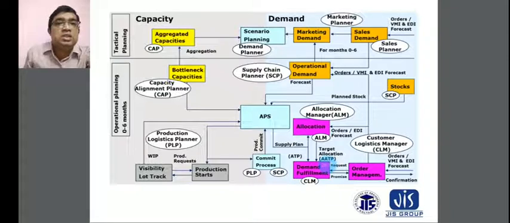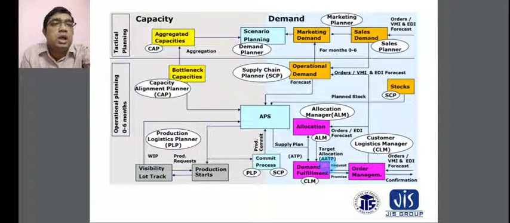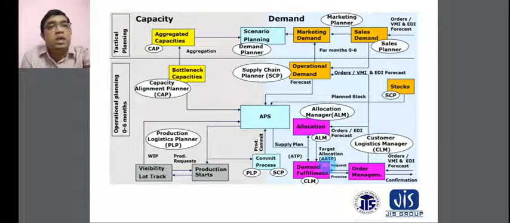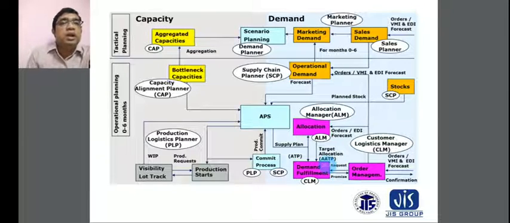First, you can see the aggregated capacities, which come from the CAP, the capacity to go through the scenario planning. In the scenario planning you have the demand planners. And the capacity to demand, you have to consider the demand for the product.